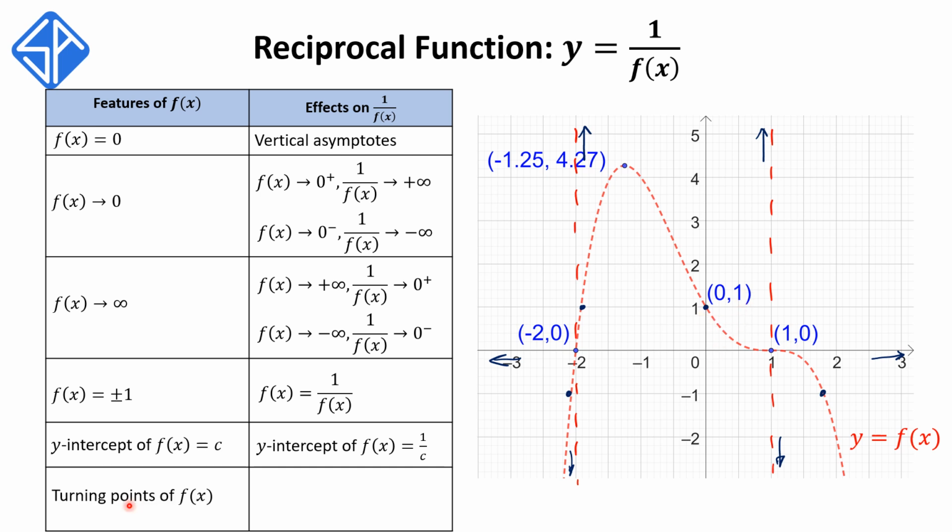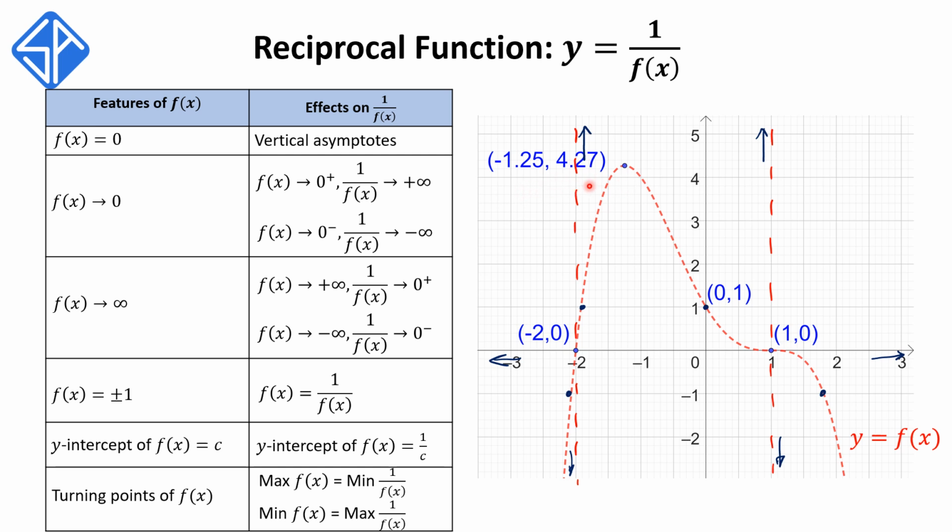If we think about the turning point of f of x, whenever f of x has a maximum turning point, your reciprocal will have a minimum turning point. And whenever your f of x has a minimum turning point, your reciprocal will have a maximum turning point. So in this graph here, we have got a maximum turning point at -1.25, 4.27.